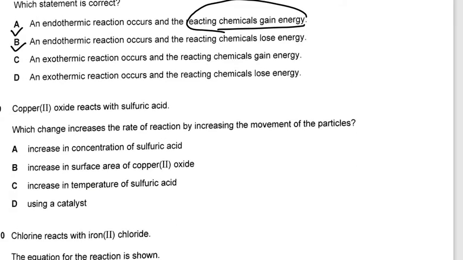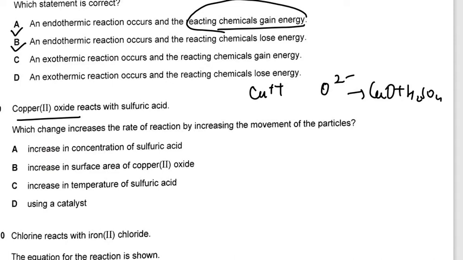Now let's say question number 9. Copper oxide reacts with sulfuric acid. What is the formula of copper oxide? If they have given you 2 in brackets, it means Cu2+, and oxide is O2-, so the formula will be just CuO. You are reacting with sulfuric acid. Always write the equation.